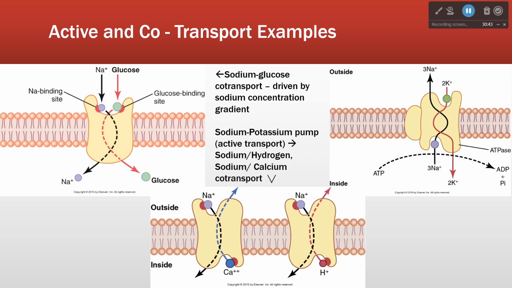It moves 3 sodiums out and 2 potassiums in for every ATP that's spent. So it's highly efficient. Because it's efficient and because it's working all the time, this sodium-potassium gradient is used to power other things, right?